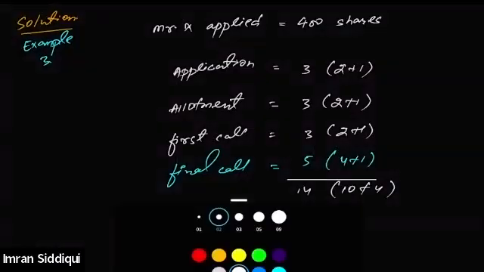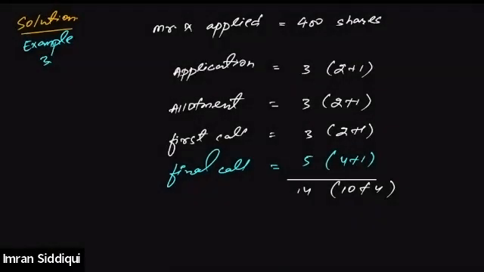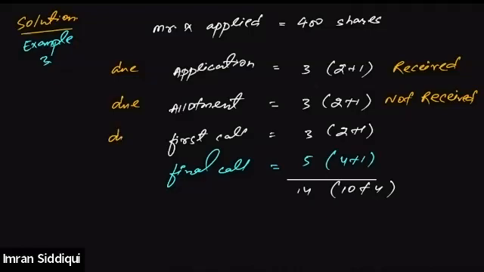That means the application was made due and he paid the application money. That means the company already received the application money. Allotment was made due, but the company did not receive the allotment money. The company made the first call due and did not receive the first call as well.